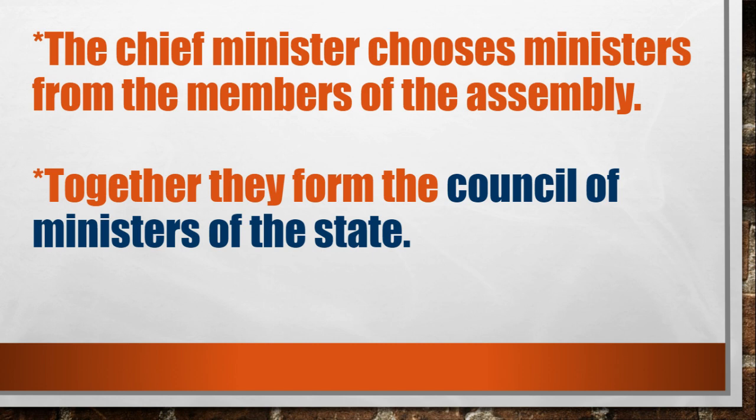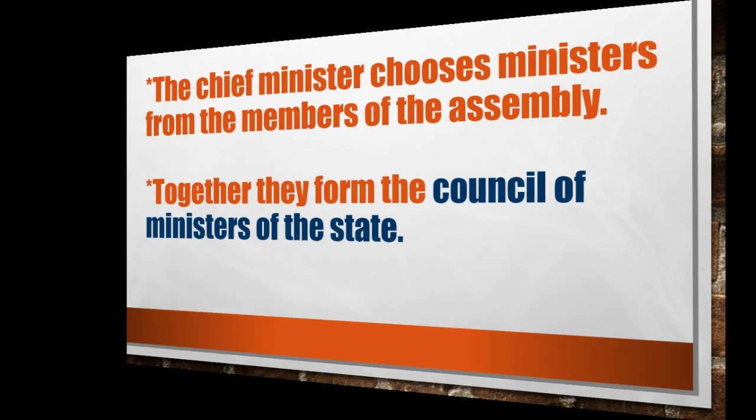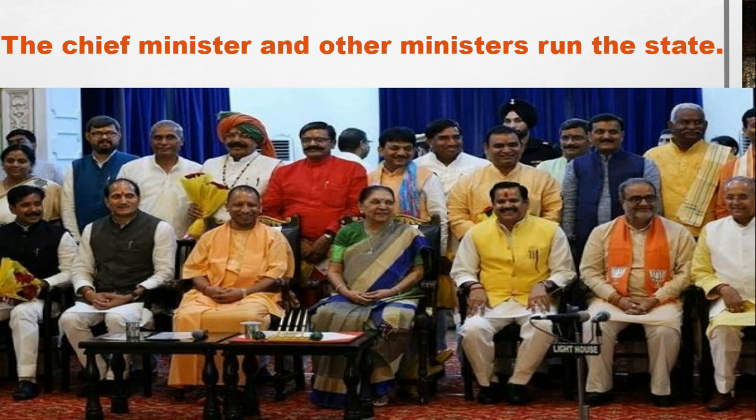Together, they form the Council of Ministers of the state. The chief minister and other ministers run the state. As you may see in the picture, the chief minister of UP, meaning Uttar Pradesh, is sitting with the council of his ministers.